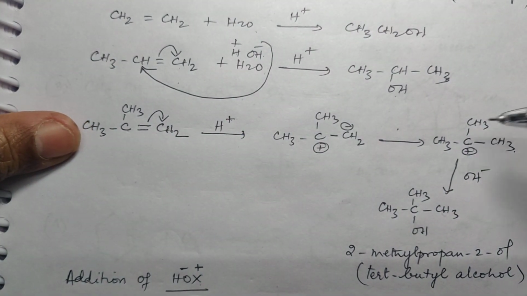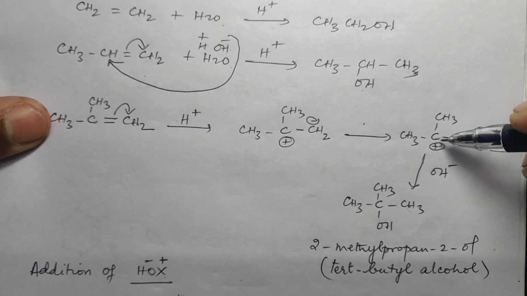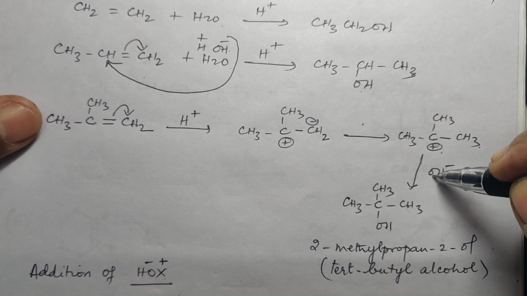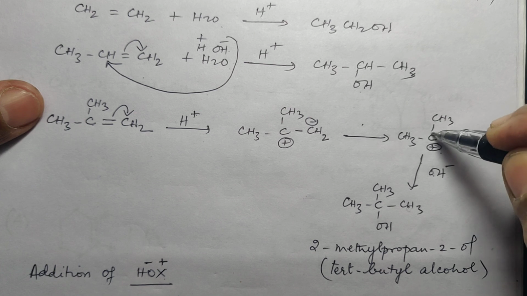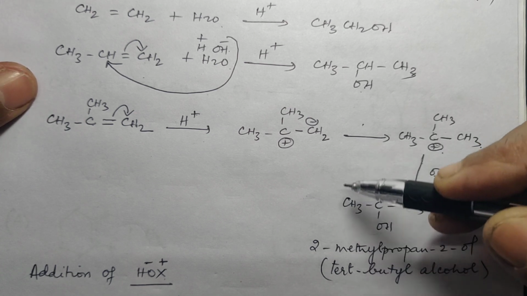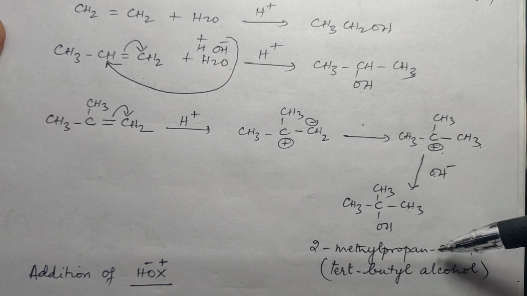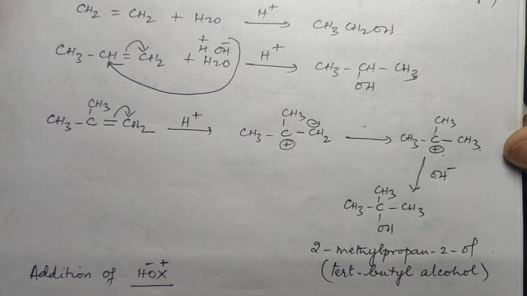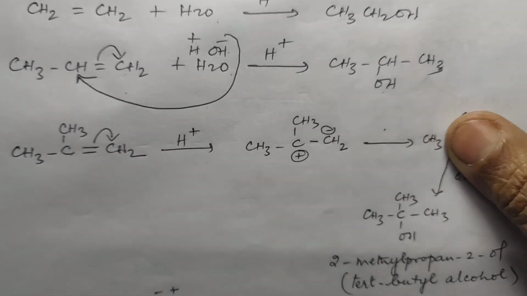That is what I have shown here. Okay. Now this will be attacked by OH minus in the next step. When this OH minus gets attached to this C positive, you will get tertiary butyl alcohol or 2-methyl propan-2-ol. You'll get this, right? That is addition of water.